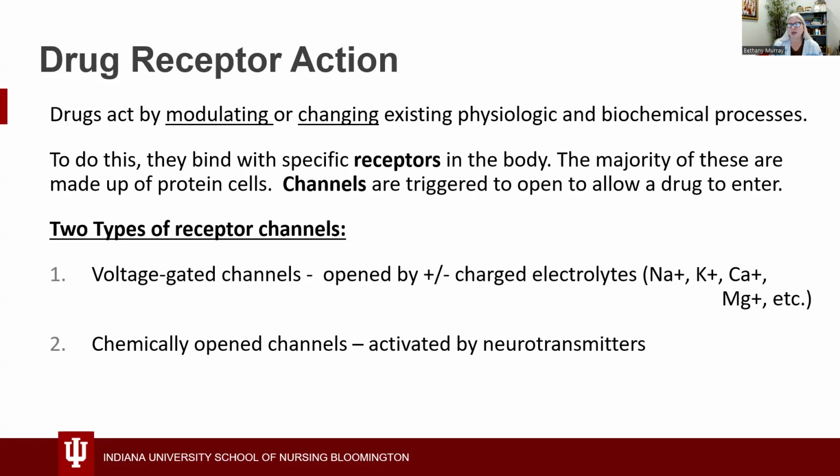And the channels to get into the cells themselves can be triggered to allow a drug to enter the cell. So we talked at a macro level of getting the medication from the bloodstream to the organ. We've gotten to the organ, but now we need to get into the cells. So if you think about maybe an antibiotic, what cells does it need to get into?